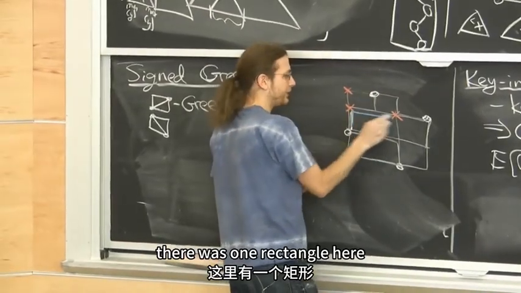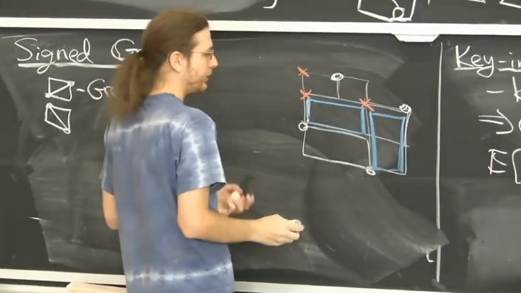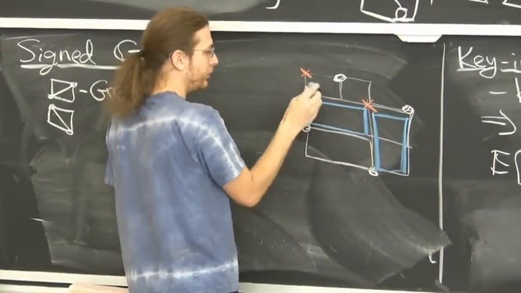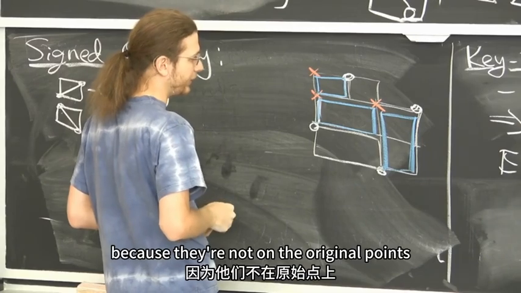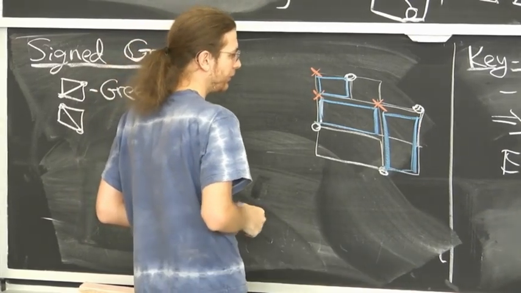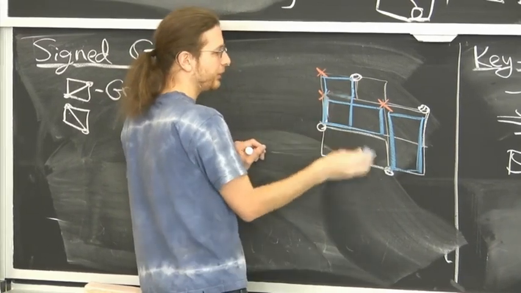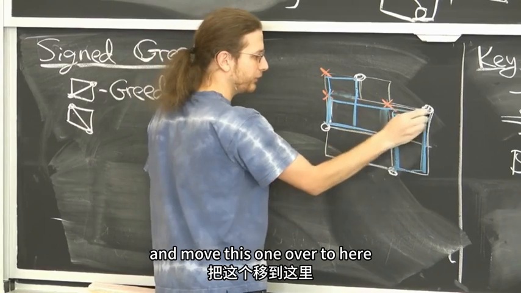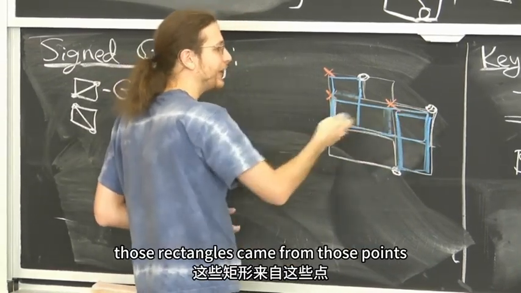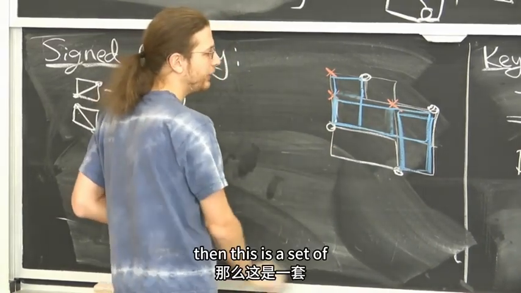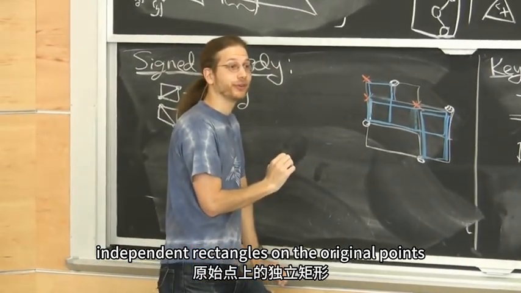There was one rectangle here, one rectangle here, and one rectangle here. That's a little awkward because they're not on the original points. So I can change them a little bit, maybe move this one down to here, and move this one over to here. You could say that those rectangles came from those points. Then this is a set of independent rectangles on the original points.